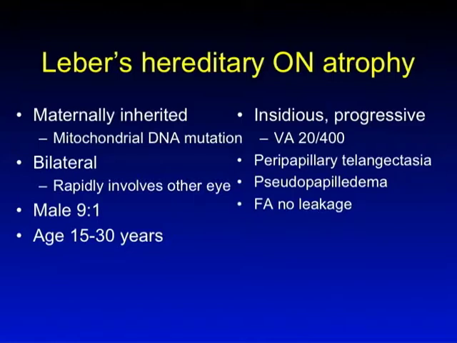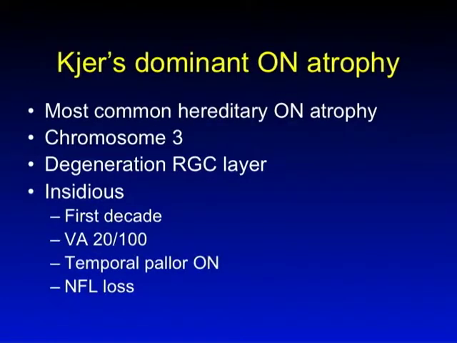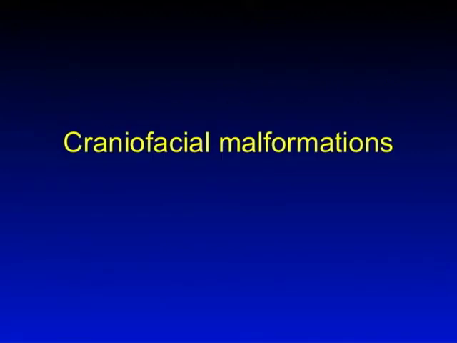It's a mitochondrial mutation and is inherited from the mother. The visual acuity can be as bad as 20/400. Dominant optic nerve atrophy is the most common and is slowly progressive. The visual acuity is not as bad as with Leber.